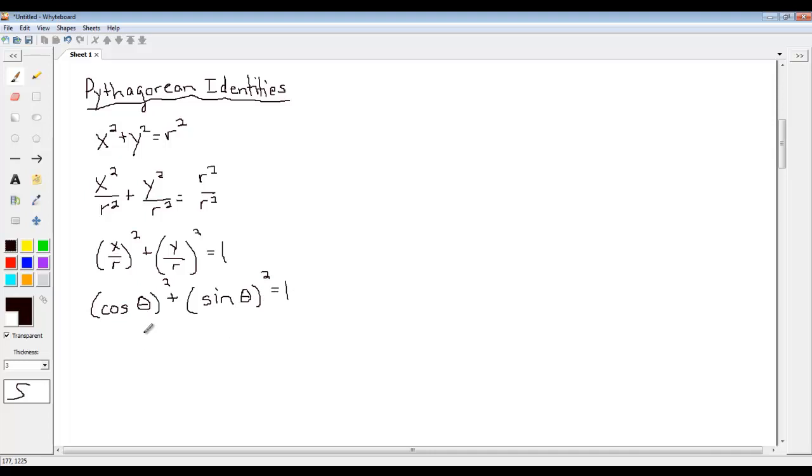Or another way to write this, a perfectly legal way, would be cosine squared theta. So cosine of theta squared can also be written cosine squared theta. Those two mean the same thing. Plus sine squared theta equals 1. And there is one of our identities. Pretty cool, eh?